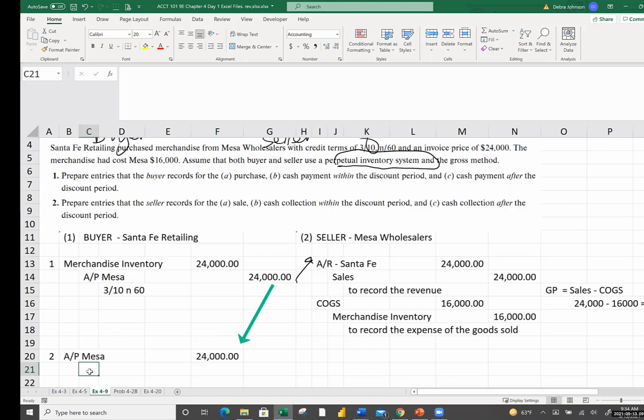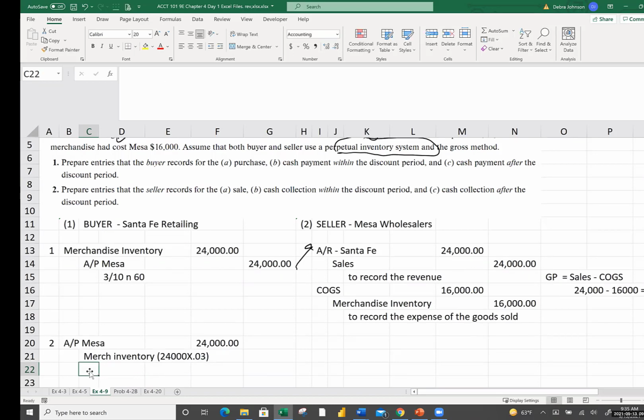But I'm able to take a discount. Last year we would have called it purchases discount, but those accounts are gone. Nothing related to purchases exists anymore. Instead, we're going to use merchandise inventory, and the way I would calculate that is 24,000 at 3%.